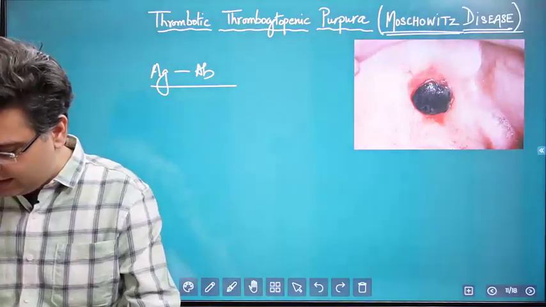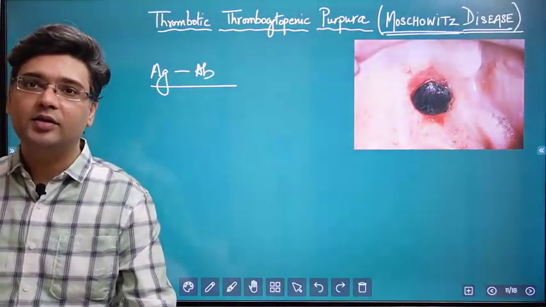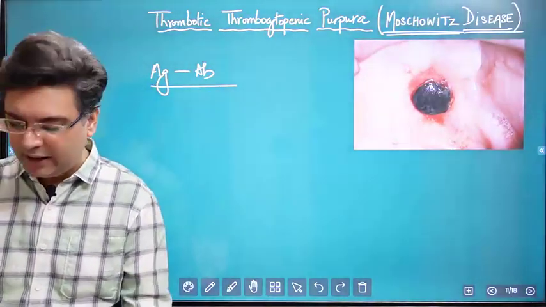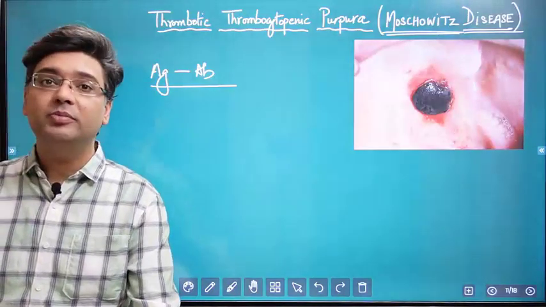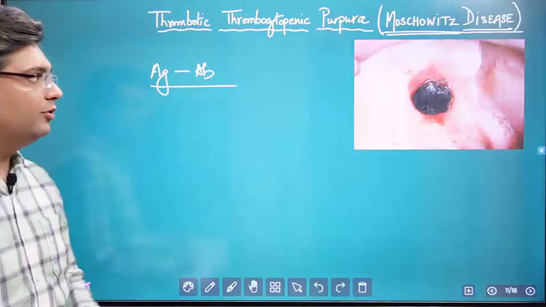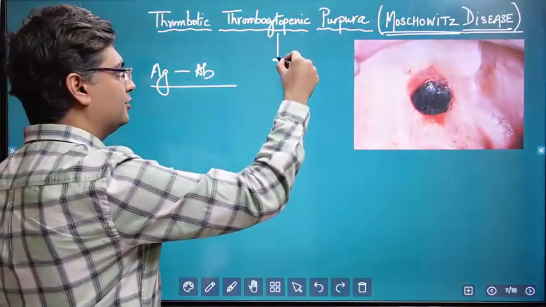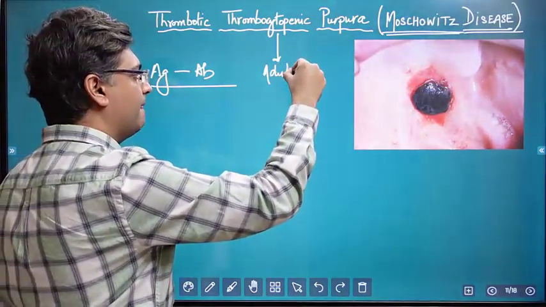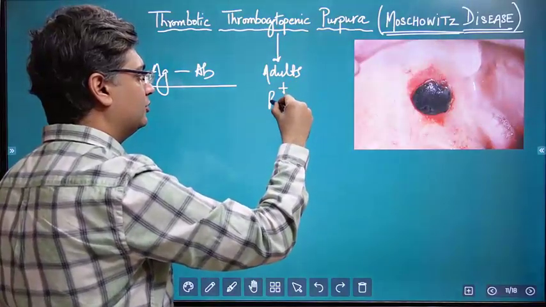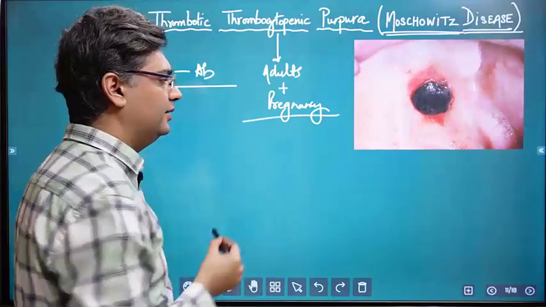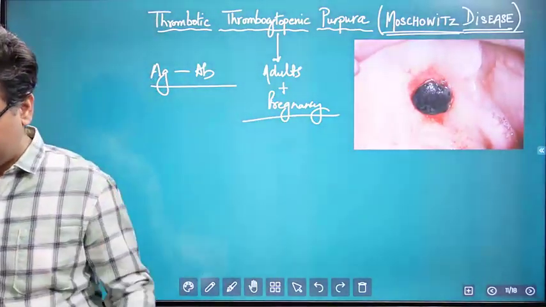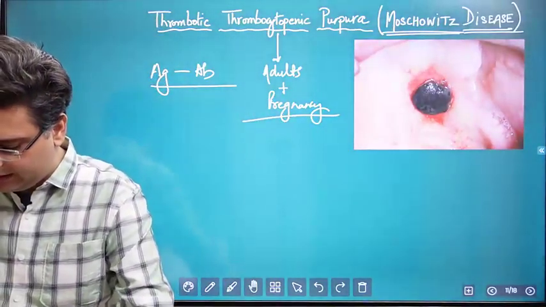Smaller vessels, microvessels, are affected more. Most commonly this is a disorder of adults, and sometimes it is also associated with pregnancy.